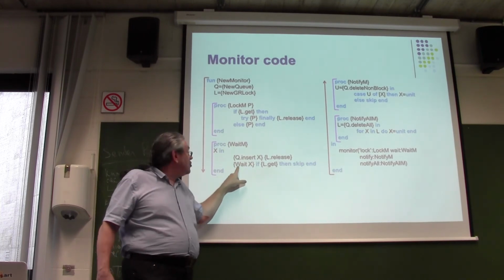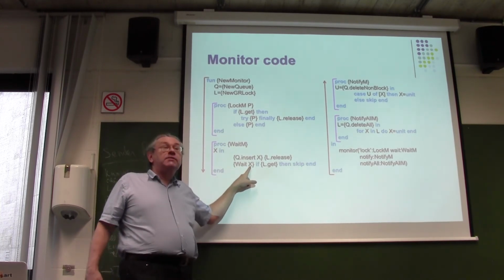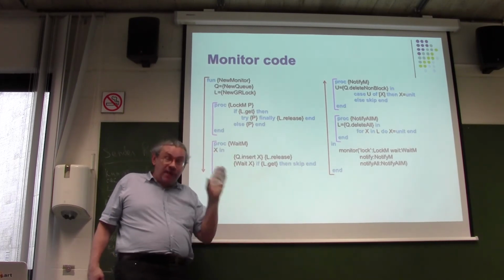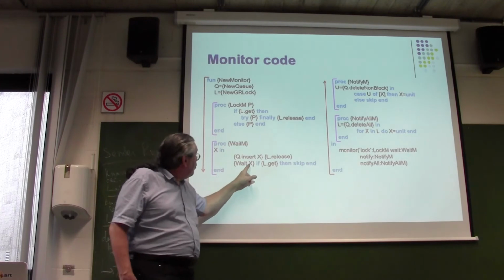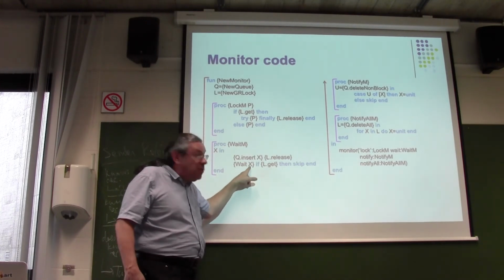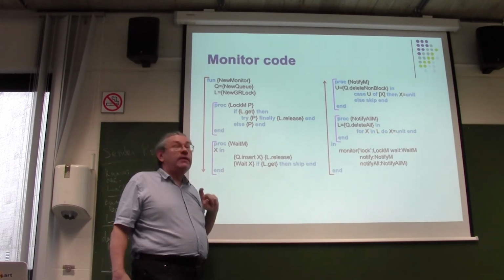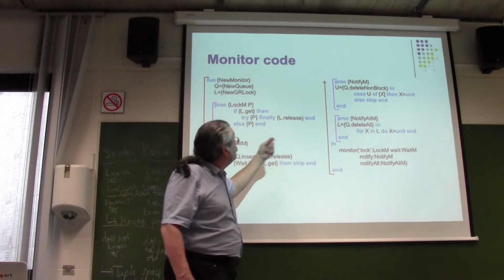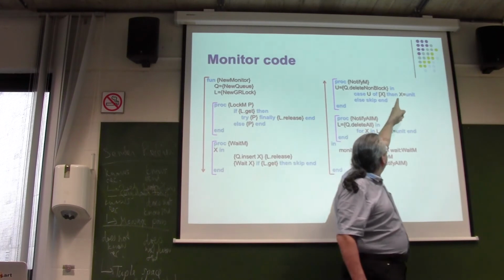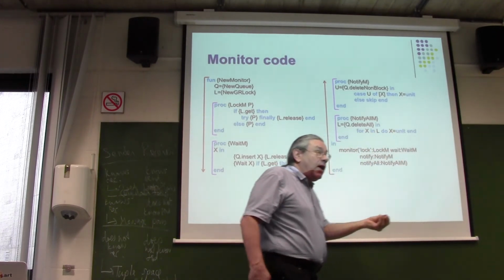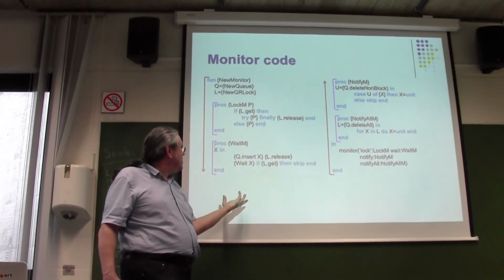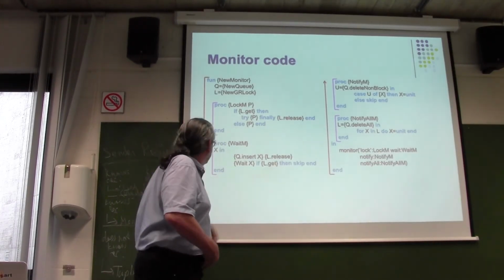The wait operation will suspend until x is bound. If we do a wait x inside the thread, that will suspend the thread, and we will put x, this unbound variable, inside the queue. And later on, when we do notify, we just have to bind the x, and then it will cause this waiting thread to resume. Okay? So here's how it works.